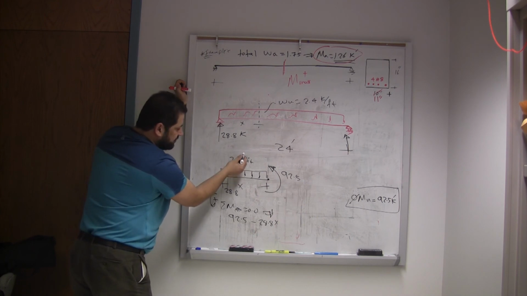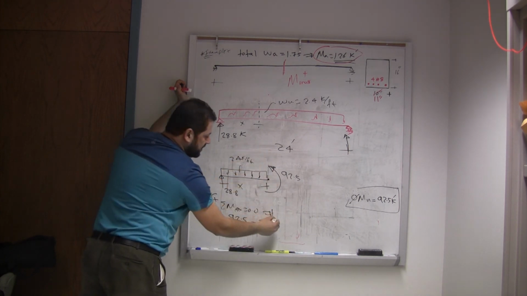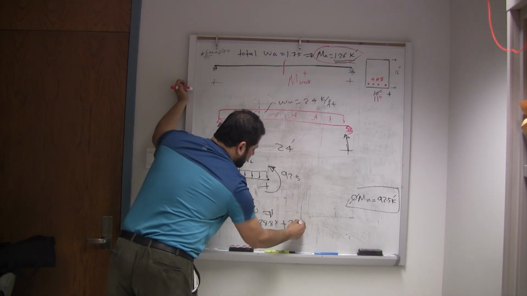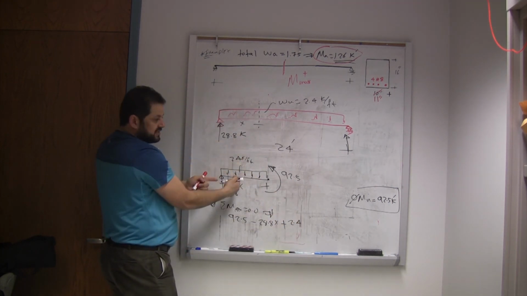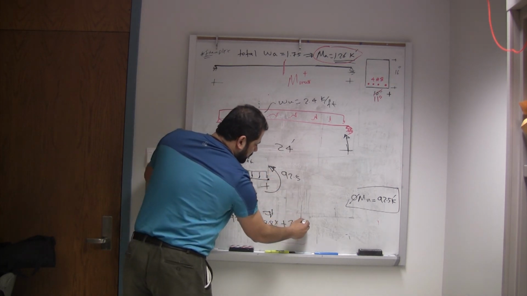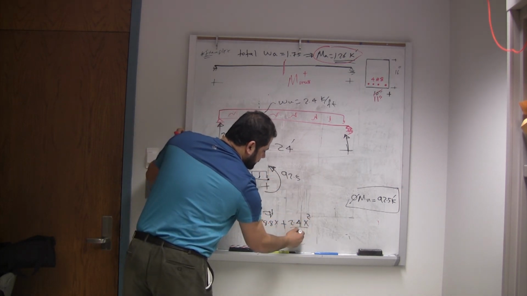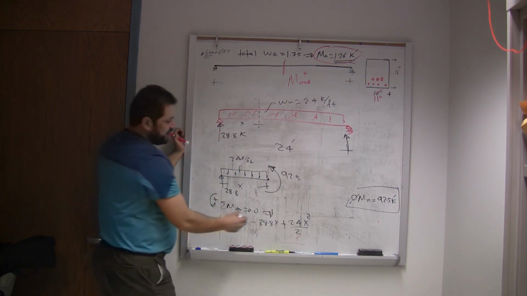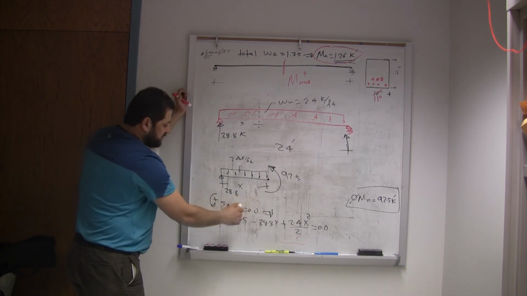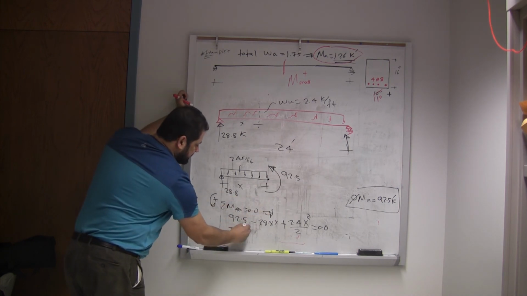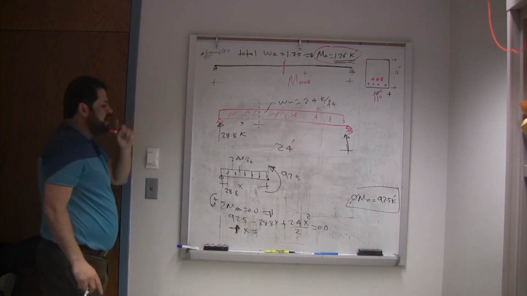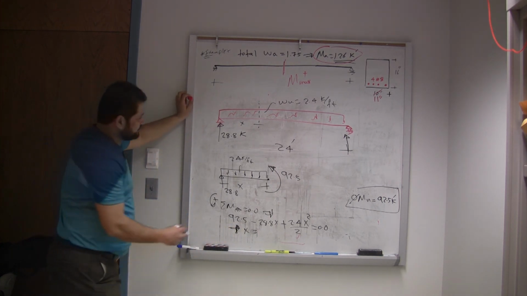Then this 2.4 is positive, plus 2.4 times x, that's the resultant. Its location from this point is x over 2, so 2.4 x squared over 2 equals 0. If you solve this equation, you will get x equal to 3.82.